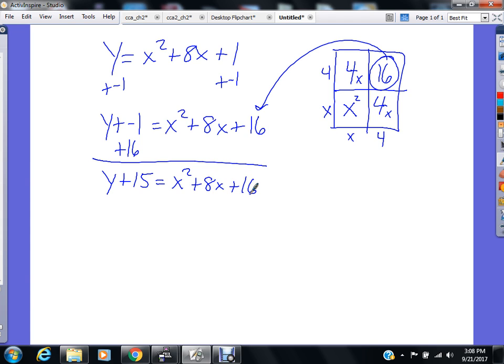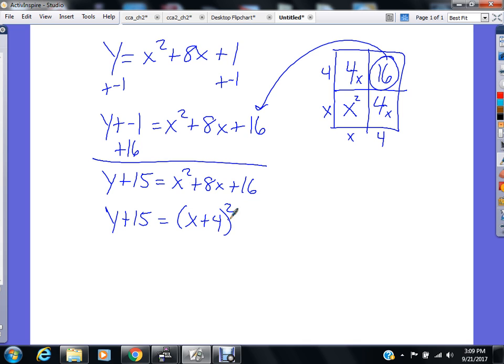Now that I have that, I can use these two sides, x plus 4 and x plus 4, to rewrite x squared plus 8x plus 16. X squared plus 8x plus 16 is what's called a perfect square trinomial. So we can rewrite this in its factored form, which is x plus 4 squared.